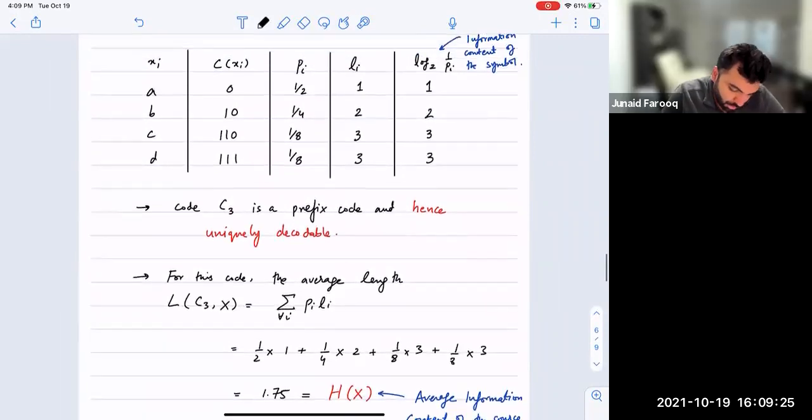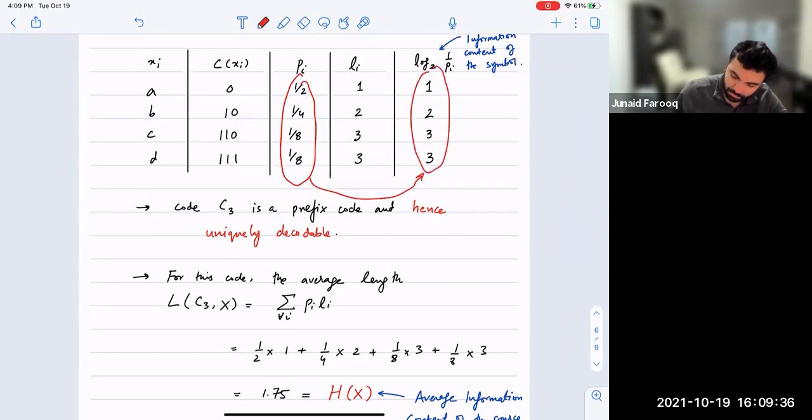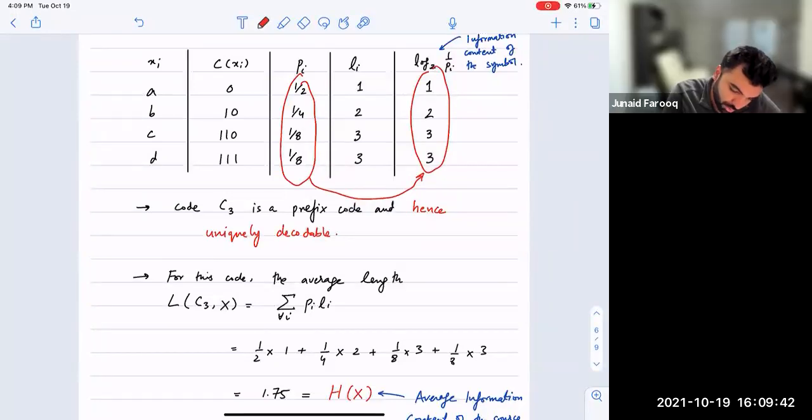So entropy actually just depends on the probabilities, right? So this will give you this. Okay. You see this? So this is not going to change.